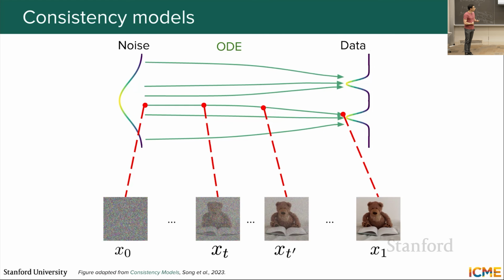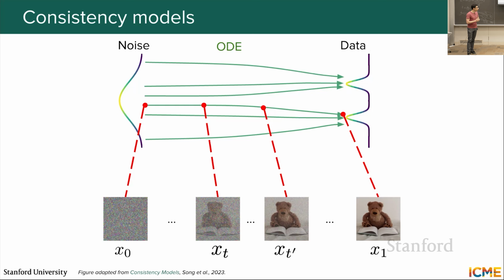So just putting a picture here with our teddy bears, in the flow matching case, if you have such a property, then every point on a given green line would map to x1.